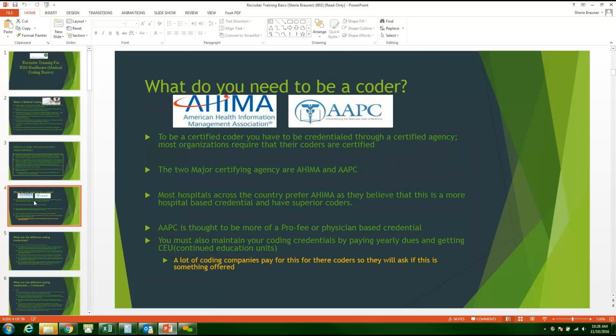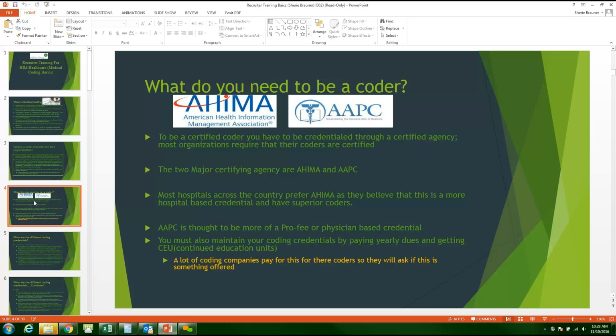Slide number 4. What do you need to be a coder? There's two main associations that provide the certifications. It's AHIMA and AAPC. To be a certified coder, you have to be credentialed through a certified agency. Most organizations require that their coders are certified.